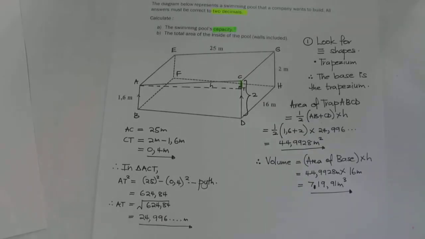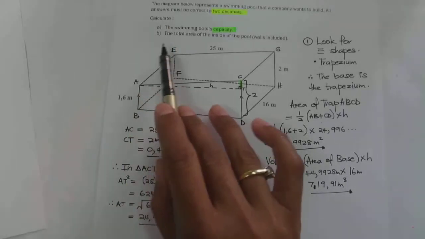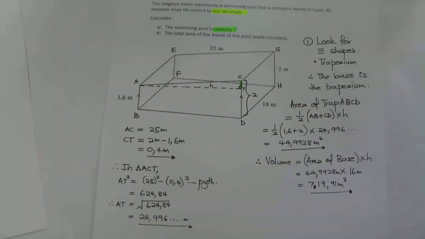Right, now if I asked you for the volume, that would be your answer. But the question is asking for the pool's capacity. And remember, when you're dealing with capacity, it is about how much a container can hold. So how much water can this pool hold? And water cannot be represented as meters cubed.